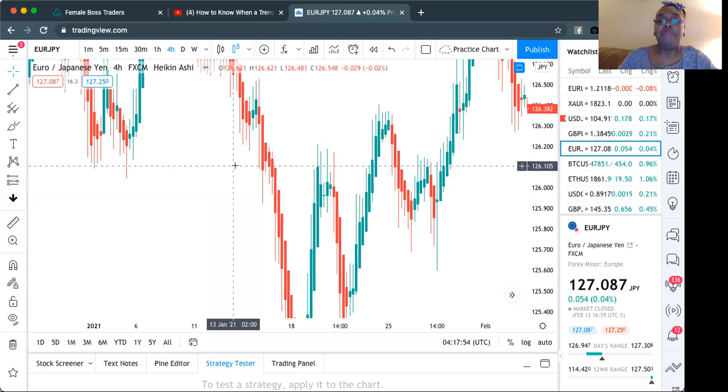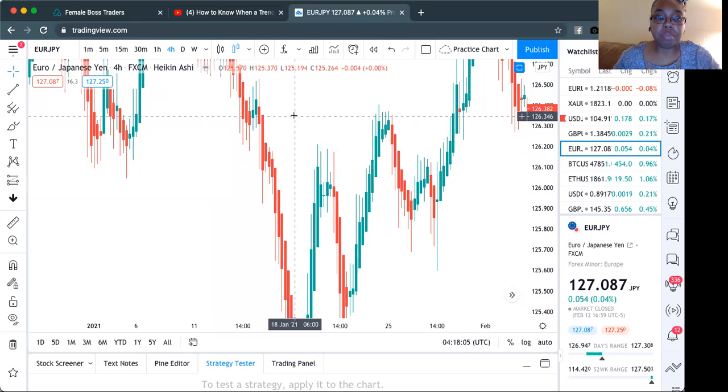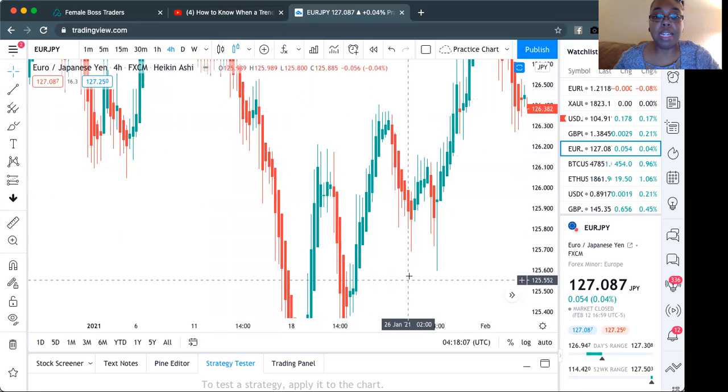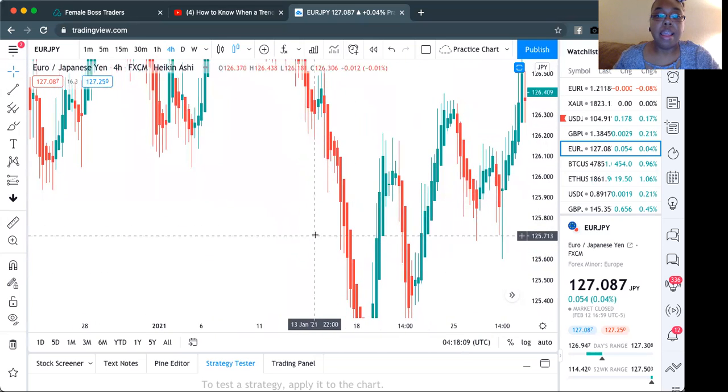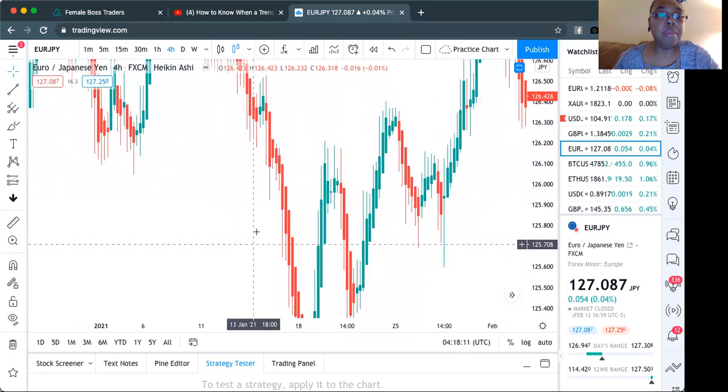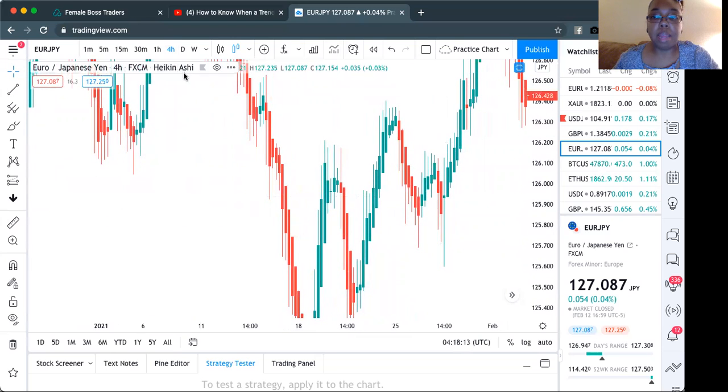So that's just how I trade. Everybody trades differently, but I make sure I trade off the trend. So I do look at the Heikin Ashi candles, and this is what I'm looking at now. Like I said, I'm looking at the 4 hour time frame. Usually when I trade, I'm gonna be honest, I'm looking at the 1 hour, and that's where I'm marking my charts up.